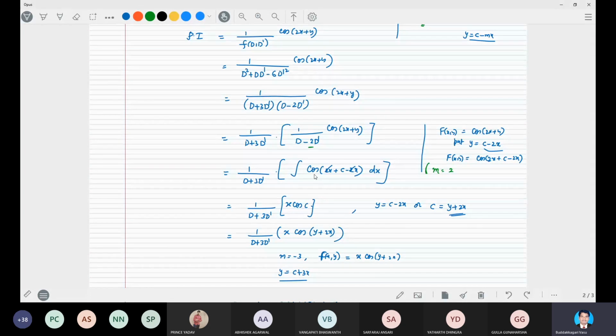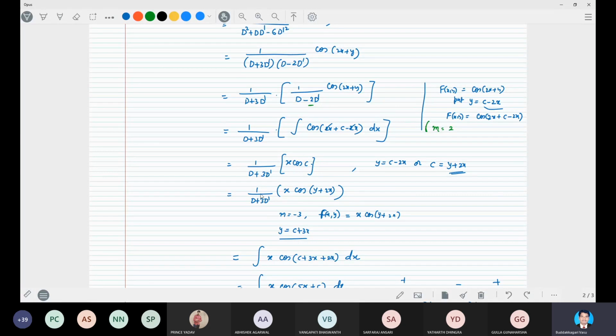So the 2x gets cancelled, and cos c is a constant while integrating with respect to x. So the integral of 1 dx is x, giving x cos c. Now after integrating, you put c = y + 2x, because y = c − 2x.